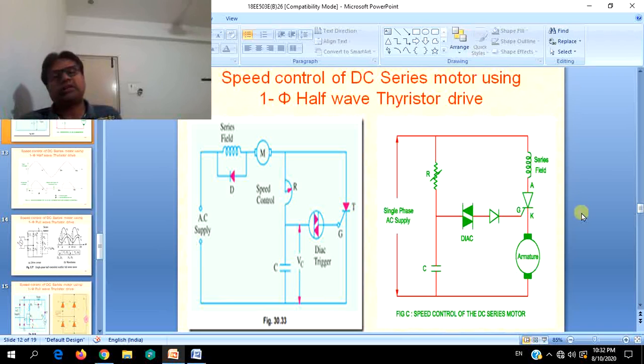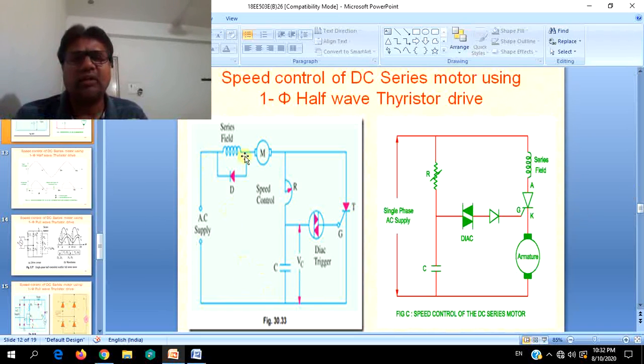So a constant supply voltage should be given to the field, and separate arrangements to trigger or fire the SCR were adopted. Even for the half wave, a diode bridge was used. But in the case of series motors, as the total supply is given to the armature and field in series, half wave means simply connecting the single phase AC supply to the series motor.